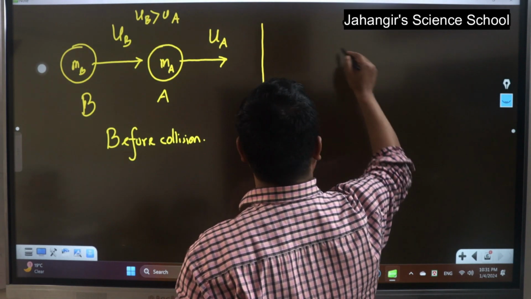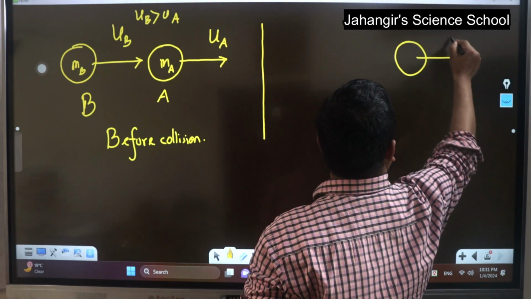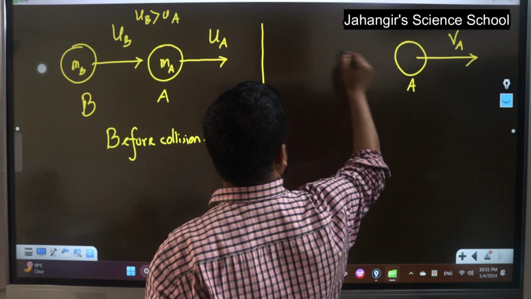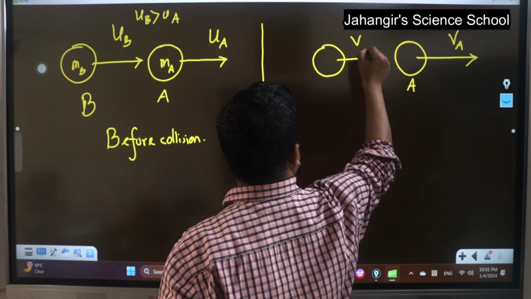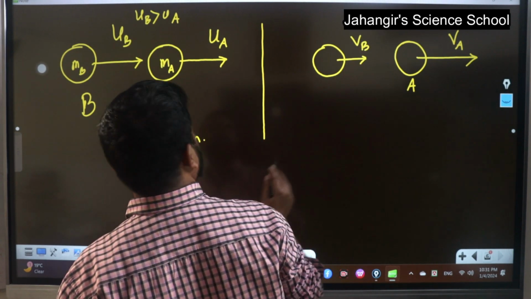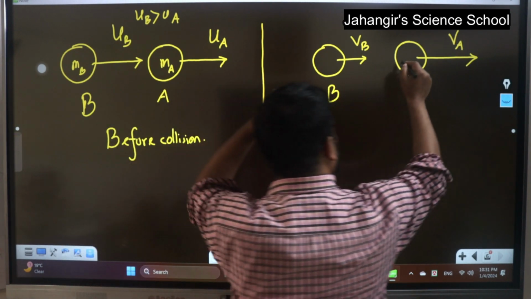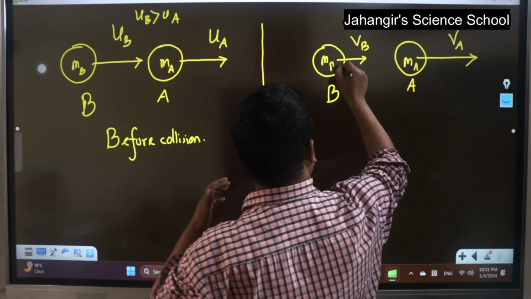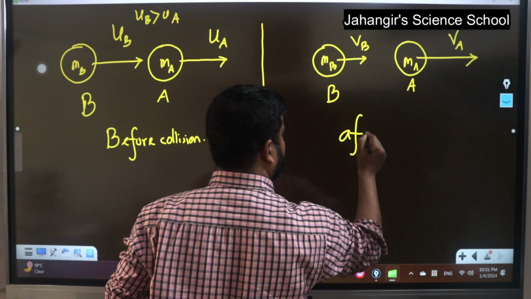After collision, the velocity of object a increases. So final velocity of object a is va, and the final velocity of object b becomes smaller. Mass of a is ma, mass of b is mb. This is after collision.